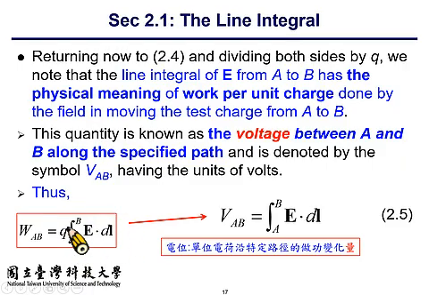Q is the amount of charge. Once you have an electrical charge placed in the background, you will experience a force, and if the charge is moved, work is done on this charge.